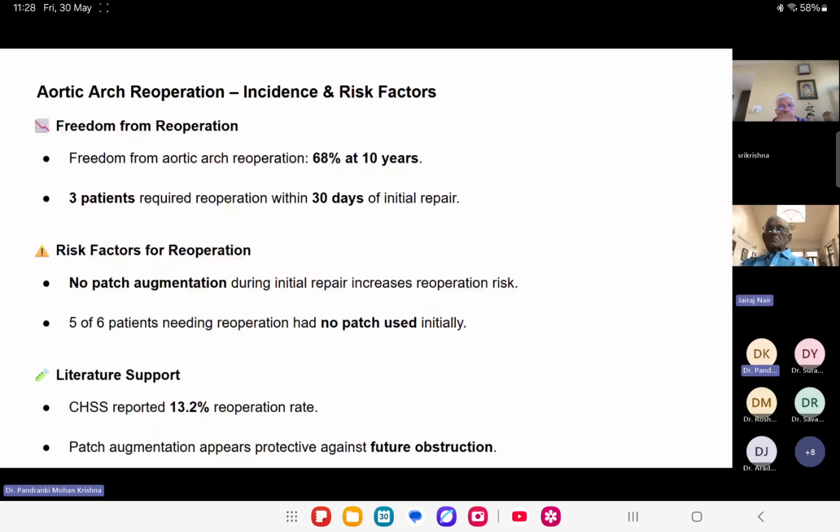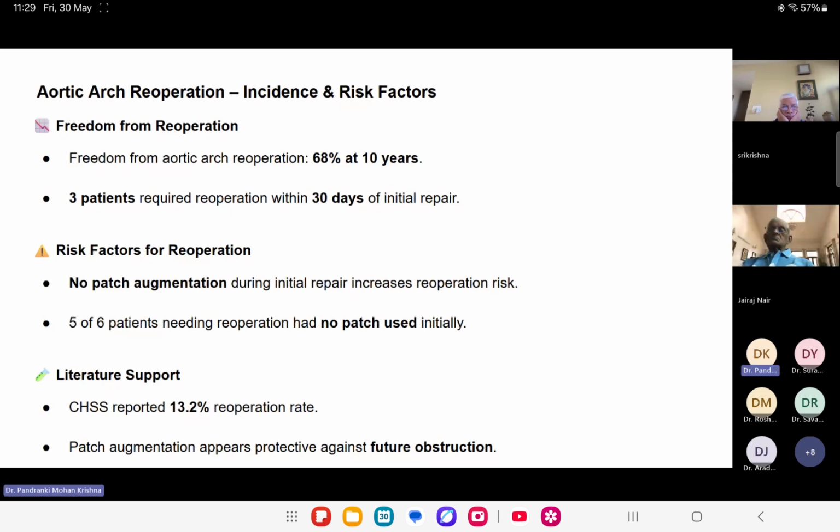Freedom from aortic arch reoperation is 68% at 10 years, and 3 patients required reoperation within 30 days of initial repair. Without patch augmentation the suture line is under tension and the arch will be small in comparison, so patch actually appears protective against future obstruction.